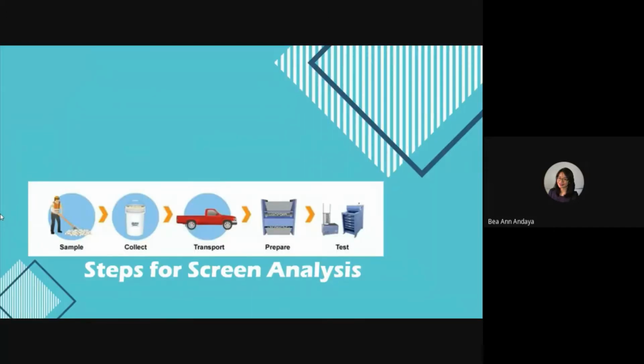Now, for the overview of the steps for screen analysis, we have 5 major steps. One is the sample or yung sampling. Siyempre, kailangan natin kumuha ng sample from that specific material that we want to screen, and usually nakadepende ang sample na yan sa nature ng planta. If you want to, let's say, screen some coffee or pharmaceutical materials, or yung sinabi natin kanina, aggregates, grains, kukunin natin iyan syempre doon sa storage.